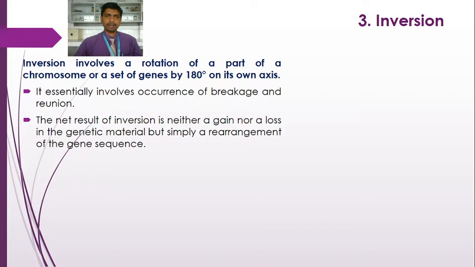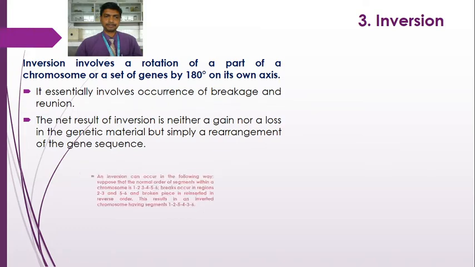To carry out the rotation, breakage and reunion were found to be essential. The net result of inversion is neither a gain nor a loss in the genetic material, but simply a rearrangement of the gene sequence.